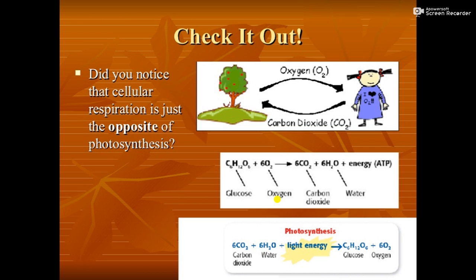Now, check it out. Here we can see a tree giving us oxygen, and we are using this oxygen, doing our respiration and exhaling carbon dioxide. Now look at the equation carefully. Here you can see glucose plus oxygen gives carbon dioxide, water and energy is released. And if you see photosynthesis, these products are on this side.